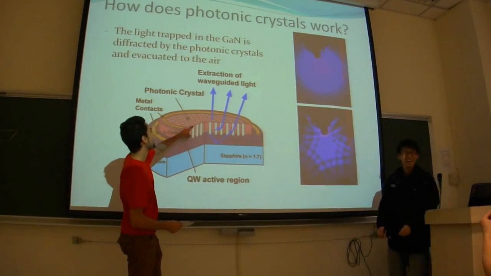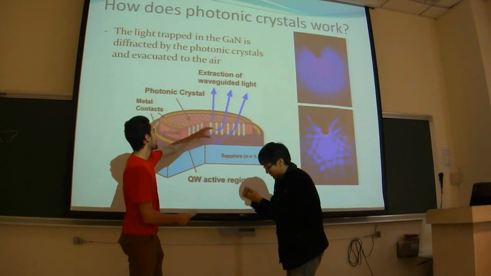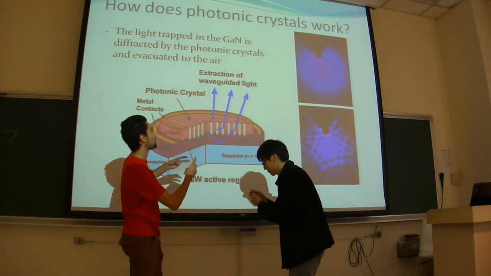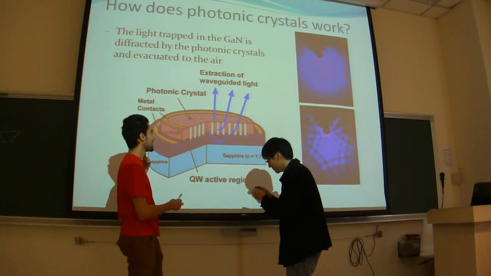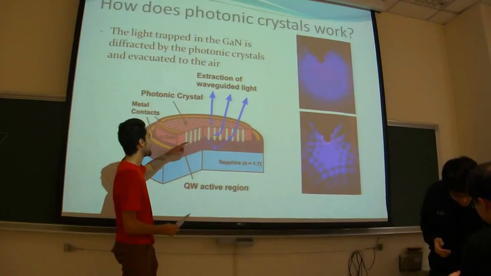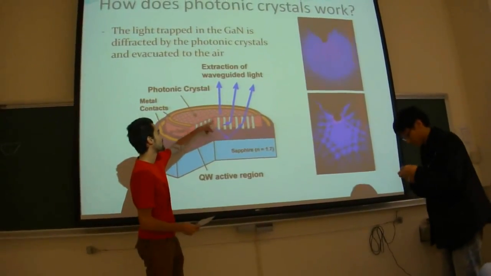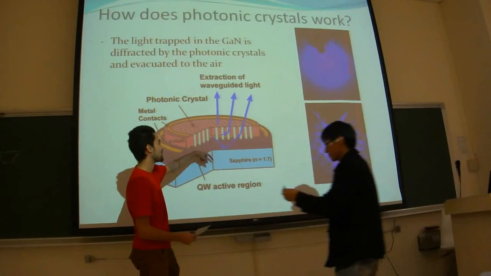They make holes here in the p-GaN, and the p-GaN with the holes is called a photonic crystal. Usually, without the photonic crystal, the light is emitted here from the quantum well, and some of the light goes out, some of the light goes to the sapphire.